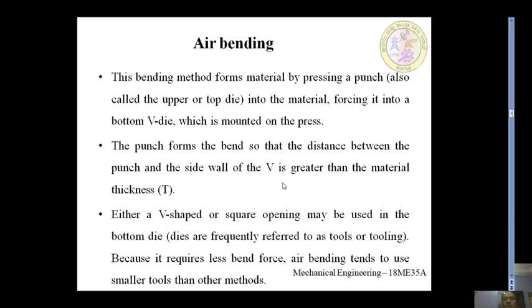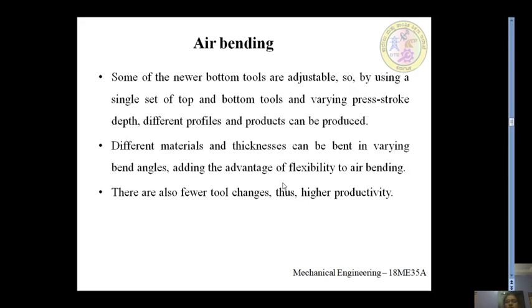Either a V-shaped or square opening may be used in the bottom die. Dies are usually referred to as tools or tooling. As it requires less bend force, air bending tends to use smaller tools than other methods.